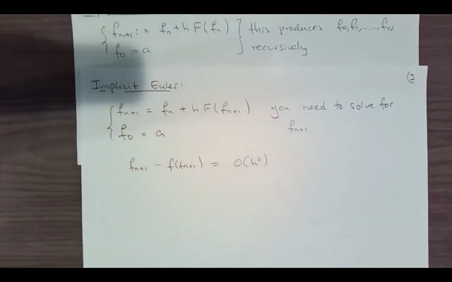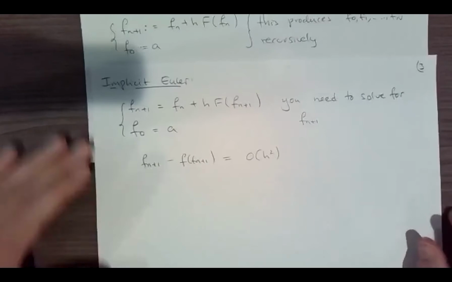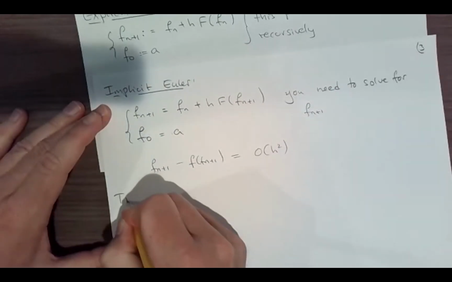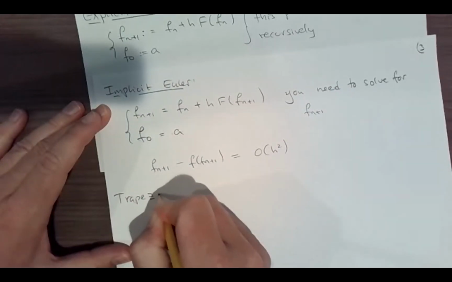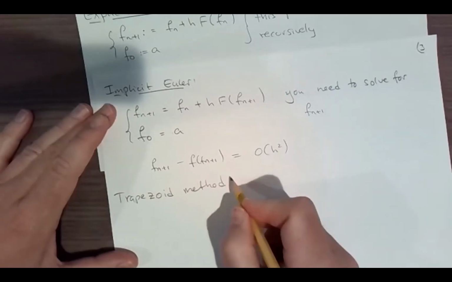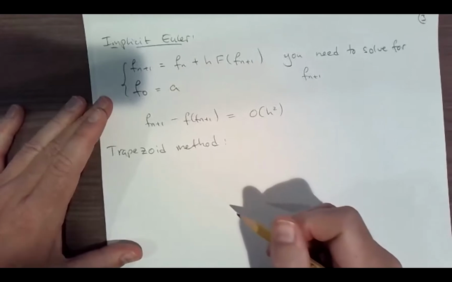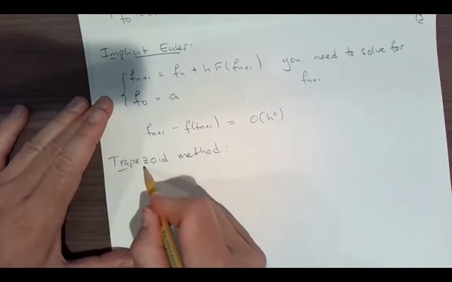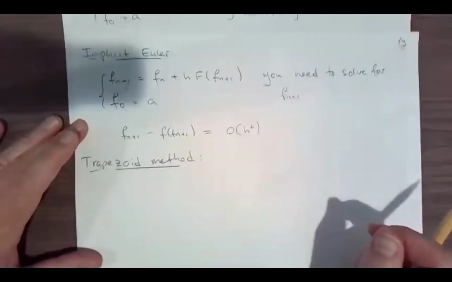So the one I want to do more carefully today is the trapezoid method. This is what will be important for us when we do the Black-Scholes PDE.